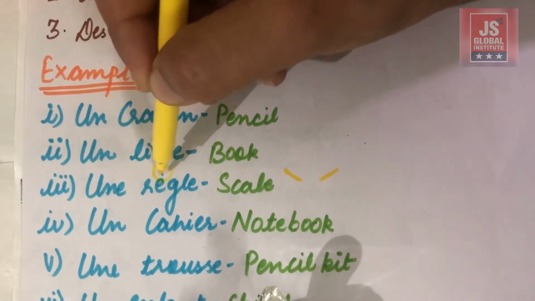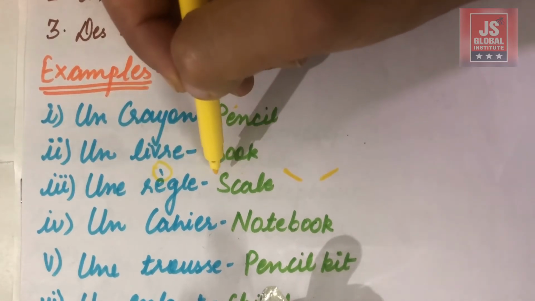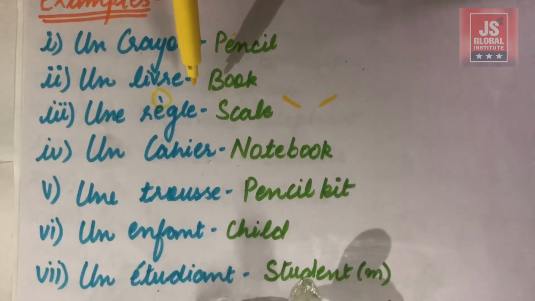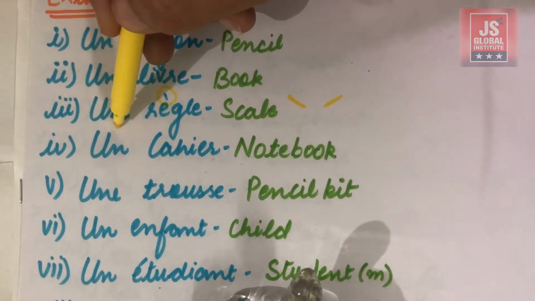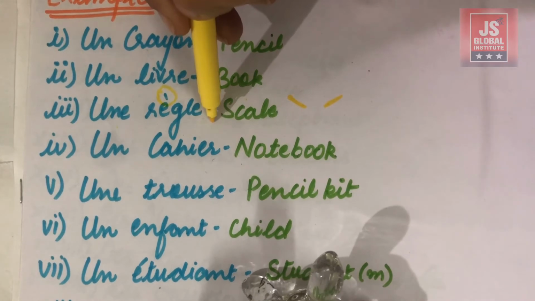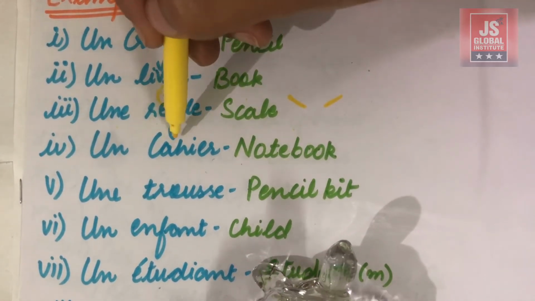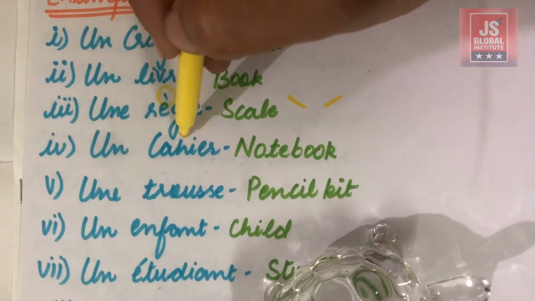So how will we read it? Règle. A. Règle. Alright. So now moving onwards. Number 4 is un cahier. This is basically what a notebook is called in French, and this is masculine. Alright. Un cahier.